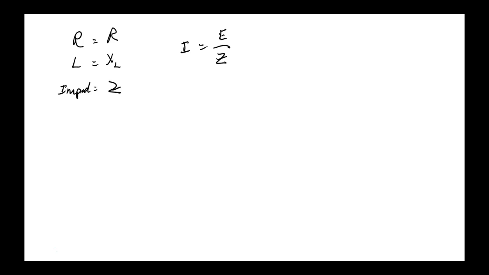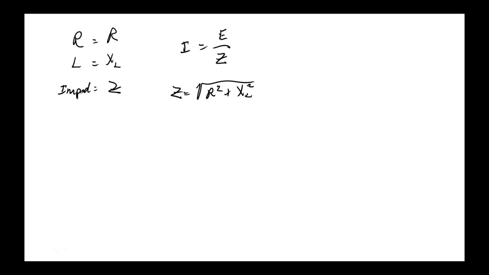What is Z? Remember the last thing that I did, that the current and the voltage are out of phase. In order to make those work, Z is the square root of R squared plus X sub L squared.